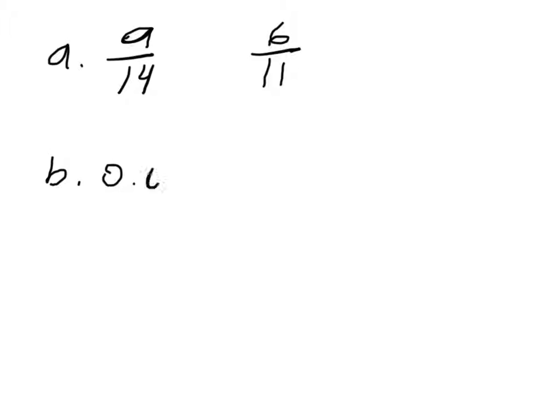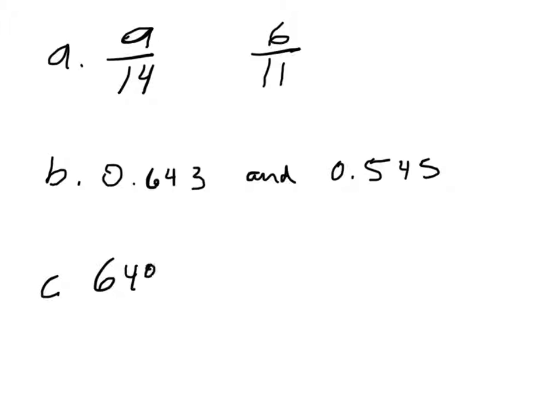Well, if we look at A, we've got 9/14 of the women and 6/11 of the men. And in B, we got 0.643 and 0.545. And then in C, we've got 64% of the women and 55% of the men.